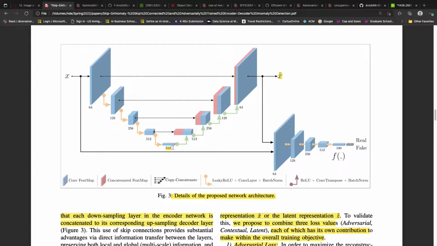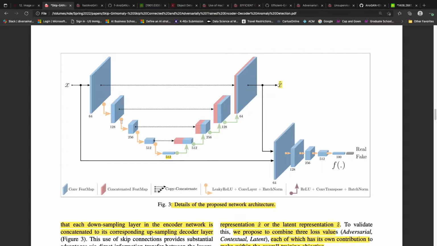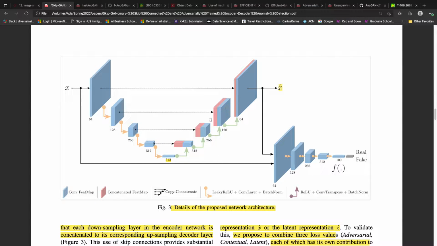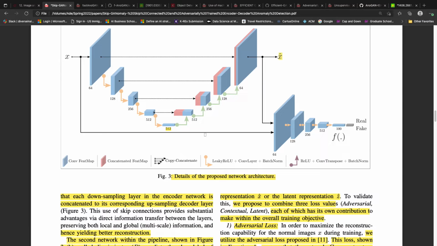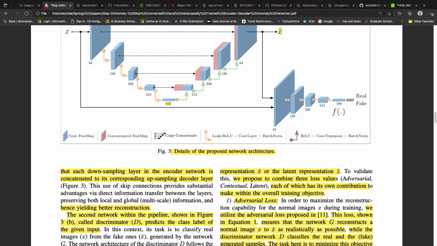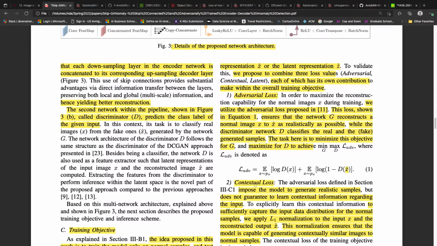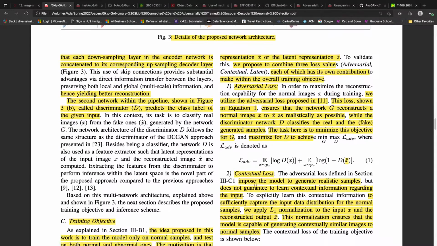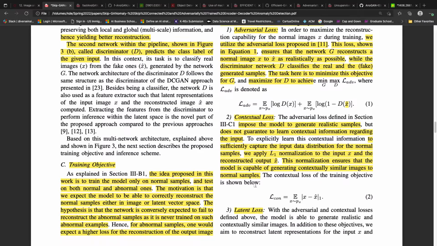And the author claims that using this skip connection actually improves the performance. Skip connection is also used in the popular ResNet architecture, and that has also proved to improve performance in the architecture. So let's look at the loss function which they were trying to optimize.